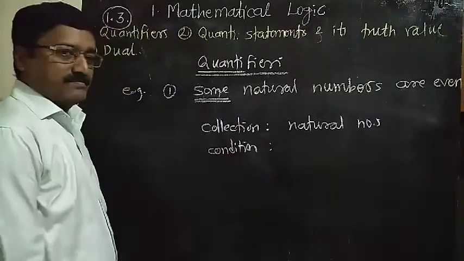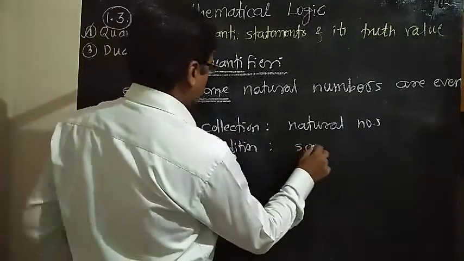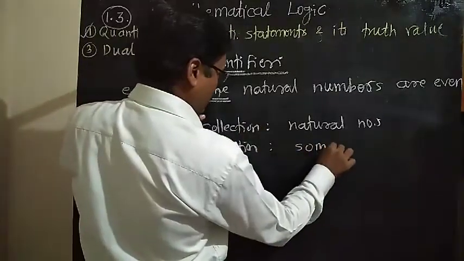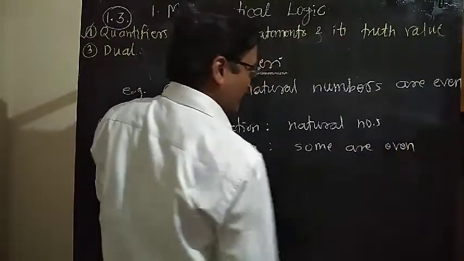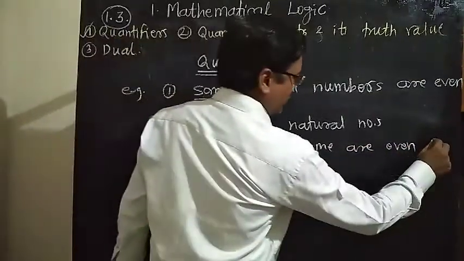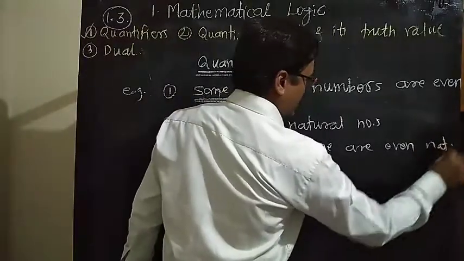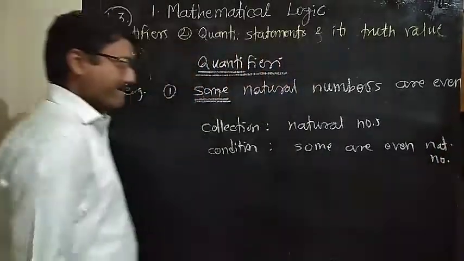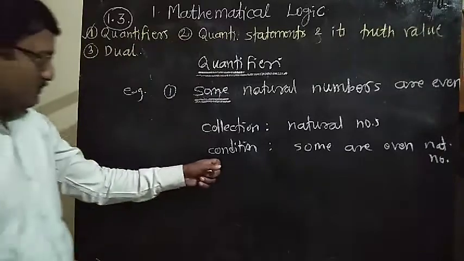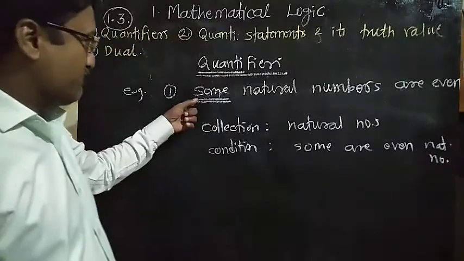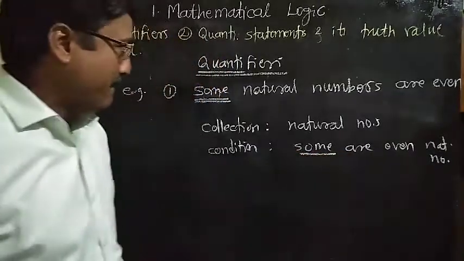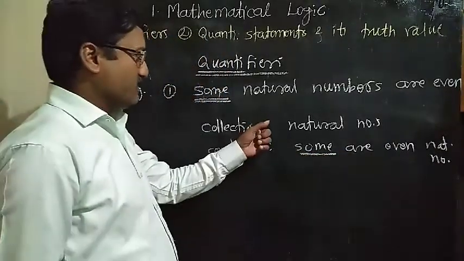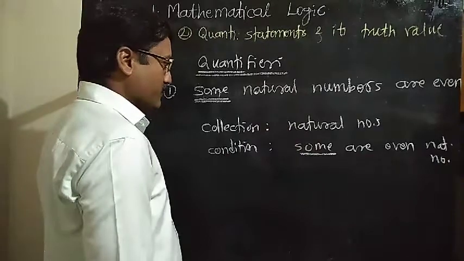The condition is that some are even natural numbers. To represent the condition given in the statement, this quantifier some is used. So this is the condition and this is the collection, the set of natural numbers.